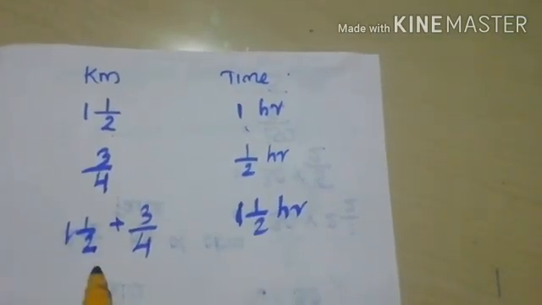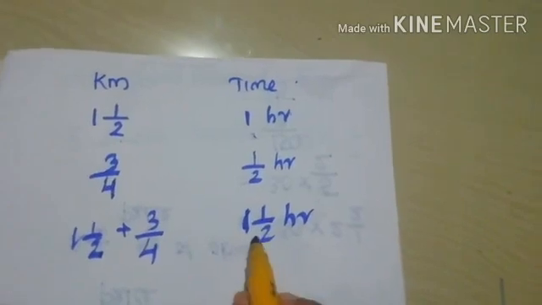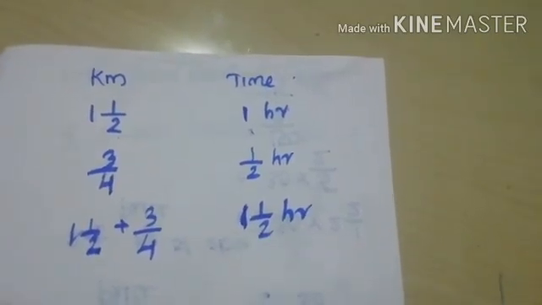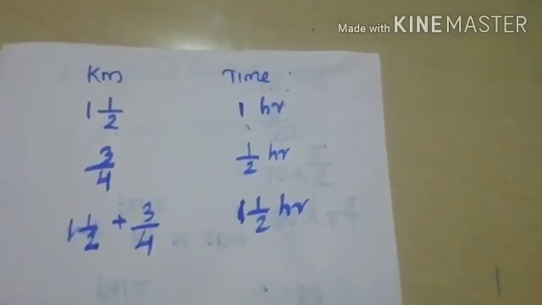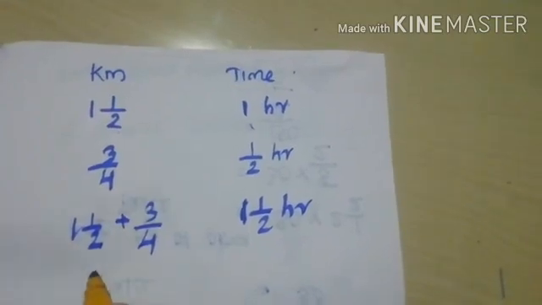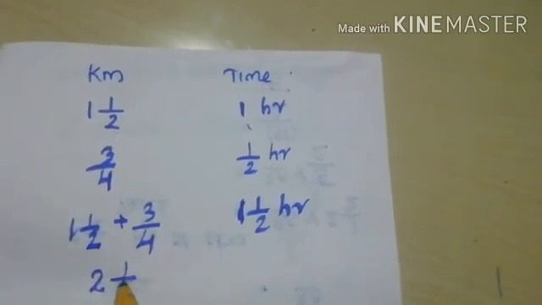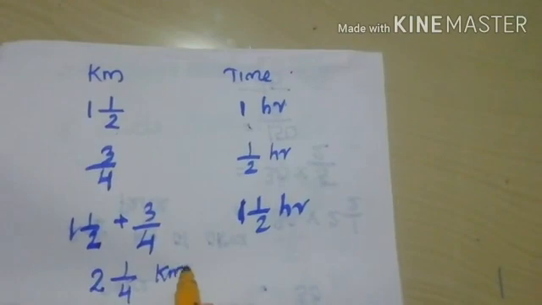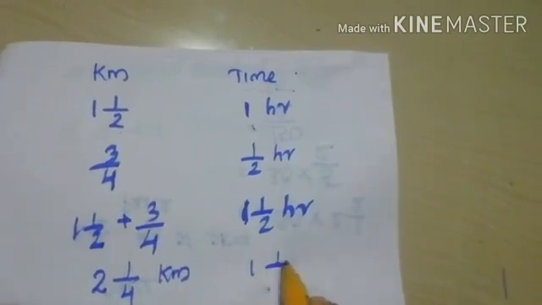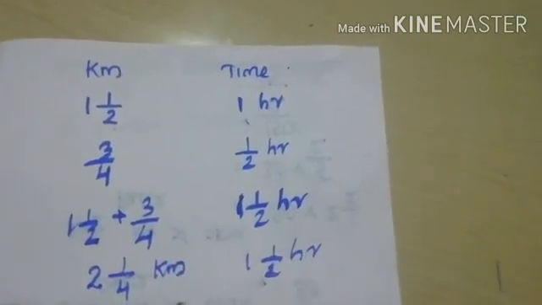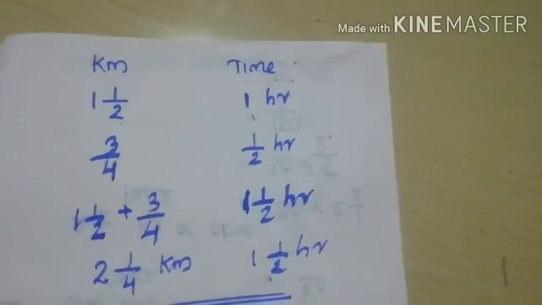It is the grand total of 1.5 hours. When we add this, we get 2 1/4 kilometer that he walked in 1.5 hours. Okay, children.